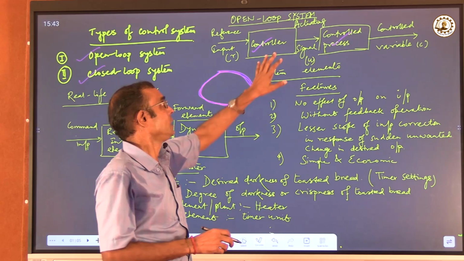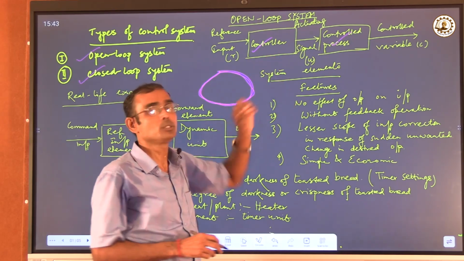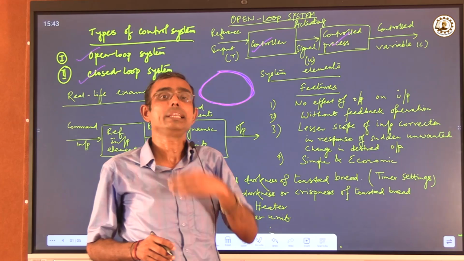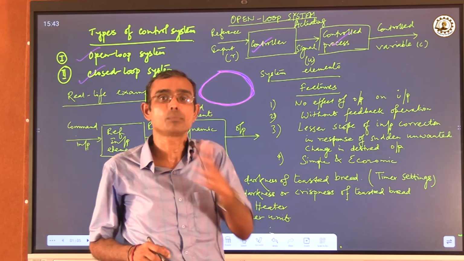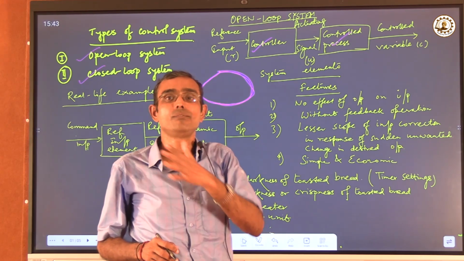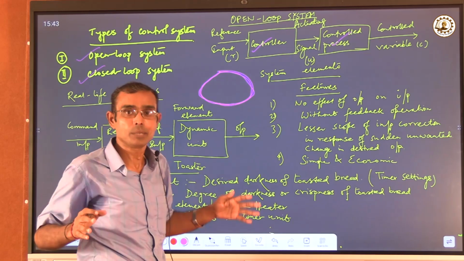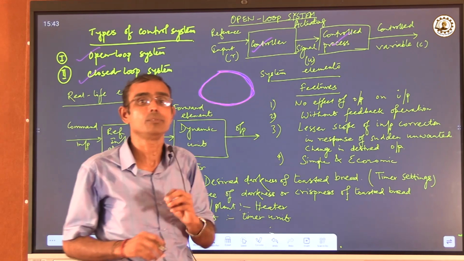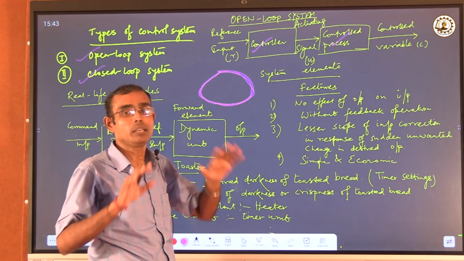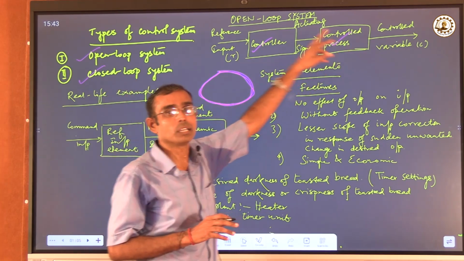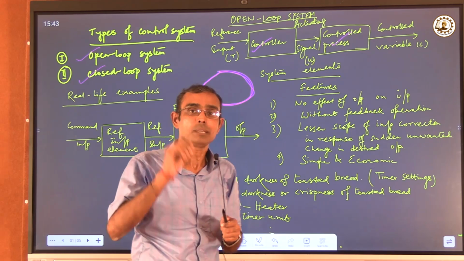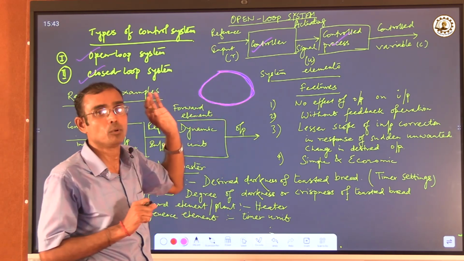For example, the controller can be a microprocessor or microcontroller, any type of amplifier, signal processing device, filter, or adaptive filter, which is the main brain of the working of this open loop control system. Now this controller must always have some reference input.